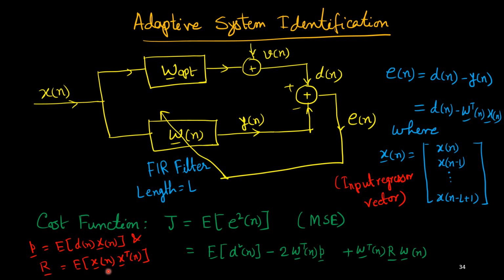You see this input sequence is a stationary process, so this R is independent of small n and P is also independent. It's stationary.